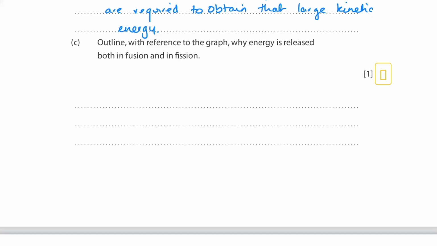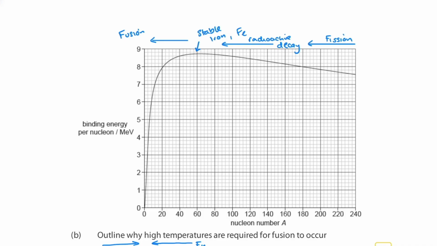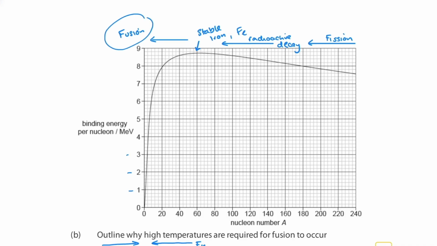C. Outline with reference to the graph why energy is released in both fusion and in fission. Okay, so let's go back to the graph. You can see that the elements here on this side that are undergoing fusion, they all have a low binding energy per nucleon. So to become more stable, the binding energy per nucleon has to increase.